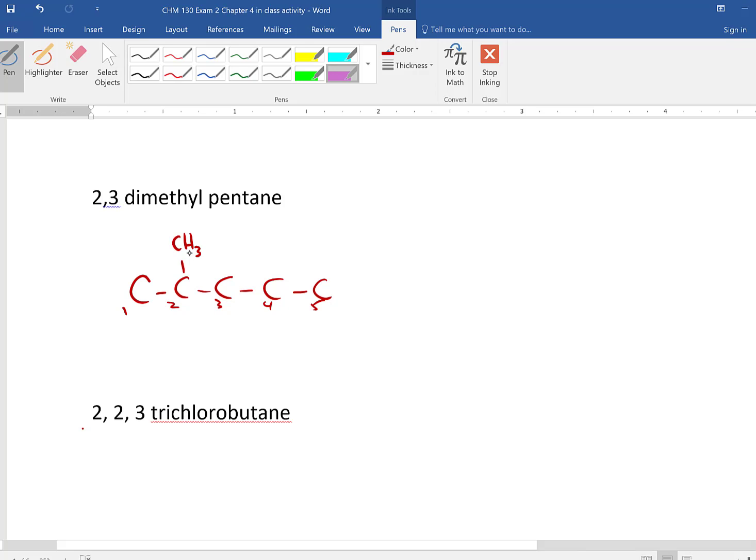Methyls are CH3s, and they could both stick up, they could both stick down. You can have one up, one down, it doesn't matter because these have free rotation, so they don't just sit still, they could all flip about. A lot of times you'll see them drawn like this just because it gives you a little more room. That doesn't matter. We haven't gotten to stereoisomers yet.